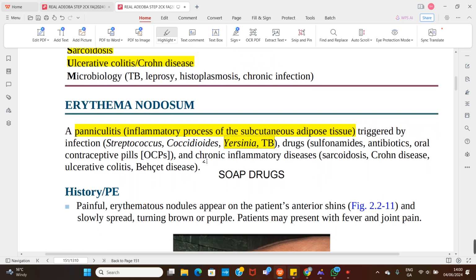And some of those chronic inflammatory and chronic infectious diseases: sarcoidosis, Crohn's disease, ulcerative colitis, and Behçet's disease. So you see somebody having oral ulcers, genital ulcers, erythema nodosum, uveitis, you can think of Behçet's disease. Very important stuff.